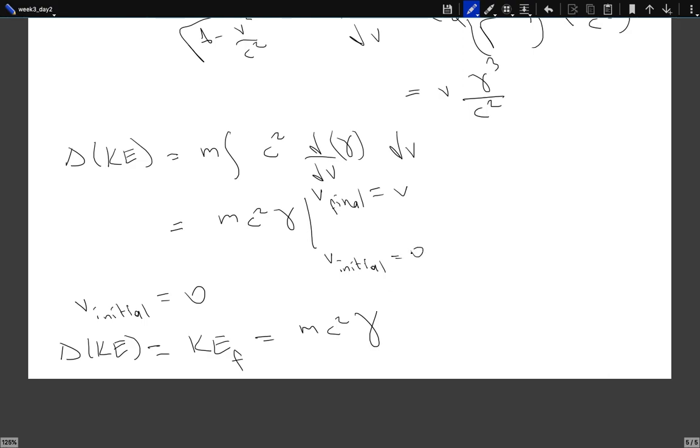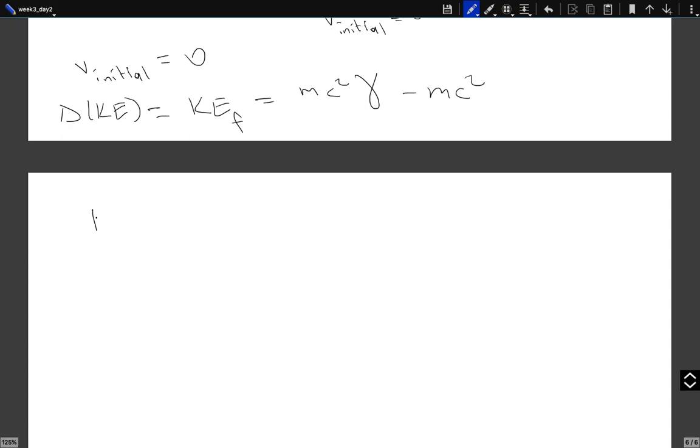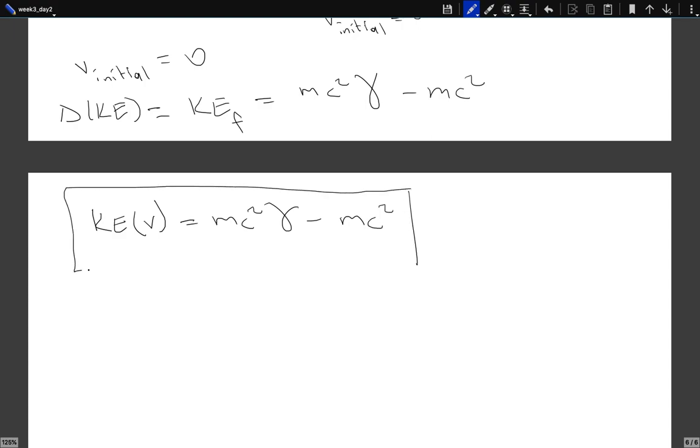When v initial is equal to 0, gamma is just 1, so this is minus mc squared. So the kinetic energy of an object moving with speed v is equal to mc squared gamma minus mc squared, which is mc squared times gamma minus 1.